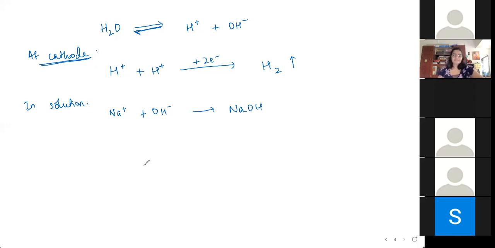Okay. So that is the story of all of the atoms and ions in this whole thing. Just to summarize, what gases are produced at the cathode?